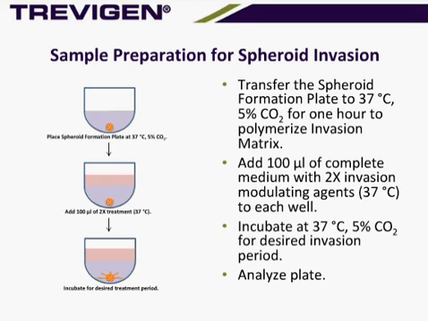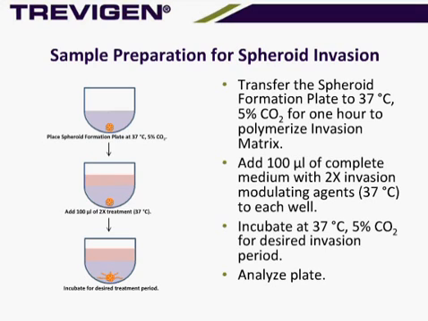Then we'll add 100 microliters of complete media or media containing chemoattractant such as FBS with the 2X invasion modulating agents. So this is where you could add inhibitors. And it's, again, a 2X concentration because we're diluting it out. The 100 microliters of media will be going on to an existing 100 microliter hydrogel.